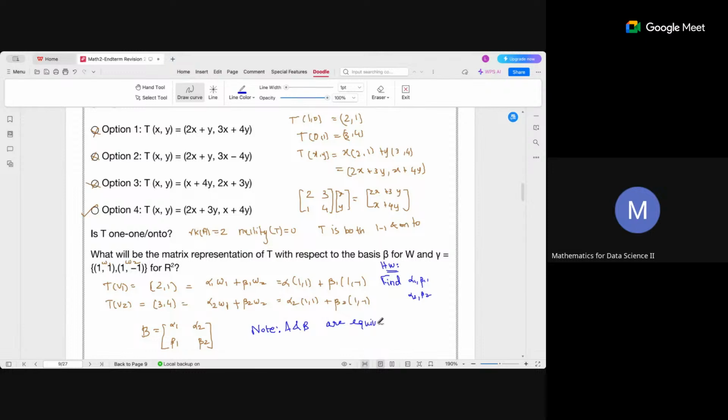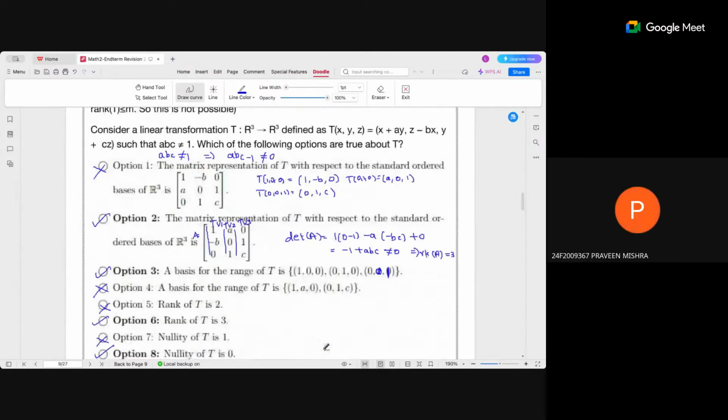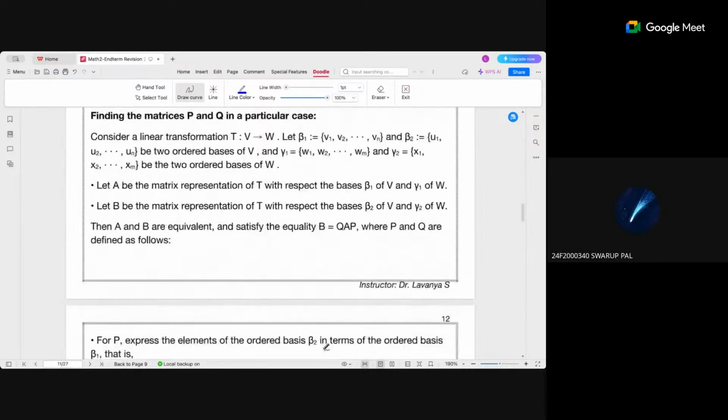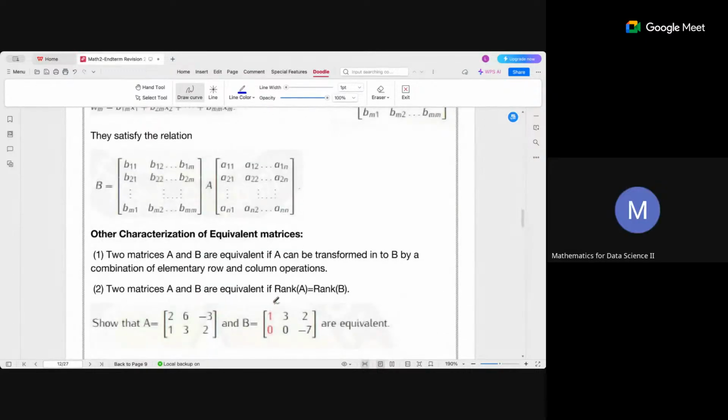Now without even knowing what B is, can you say what the rank of B is? 2. Rank of B is 2. Why is that so? Because if matrices are equivalent, then the rank of the matrices are equal. The rank should be the same.